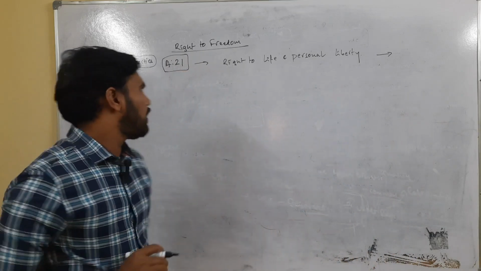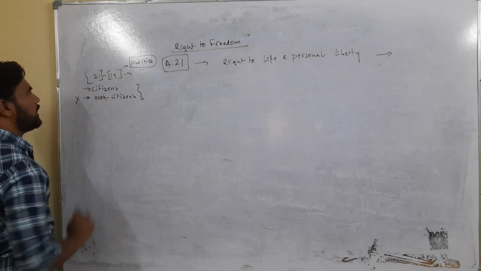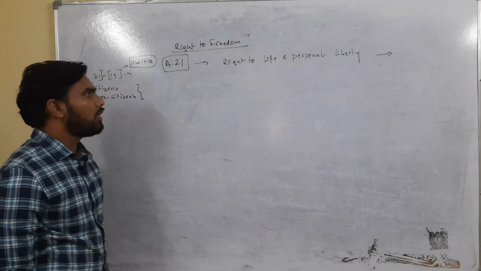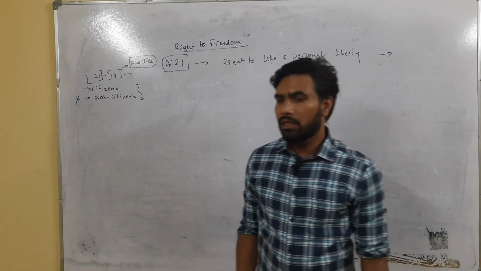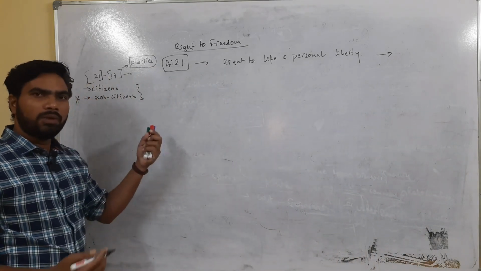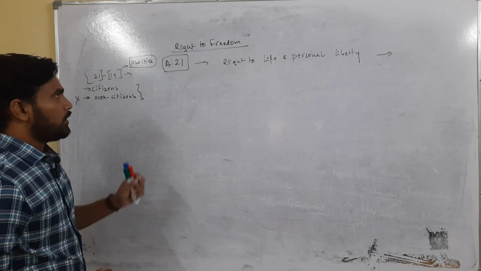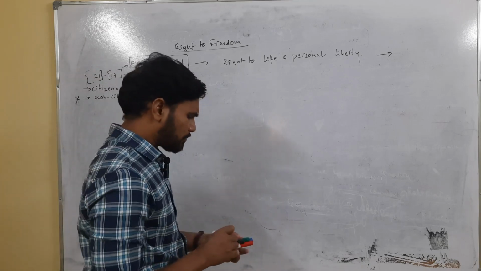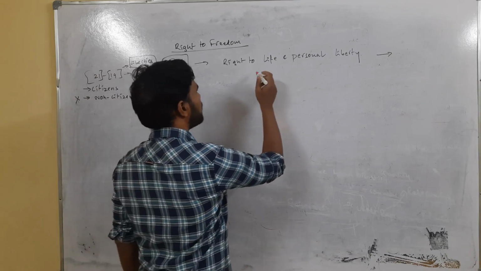One more thing you have to remember is that Articles 19 and 21 are closely related. How they are closely related, we will see when we understand Article 21. So what is Article 21 saying?